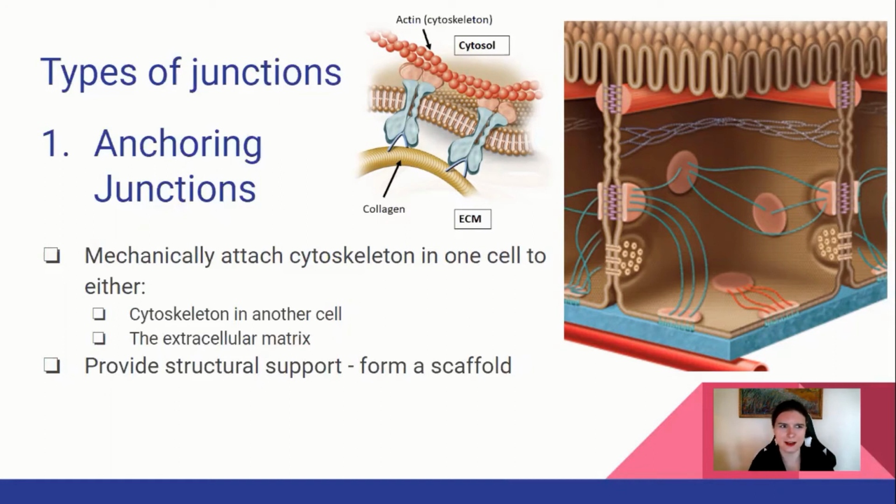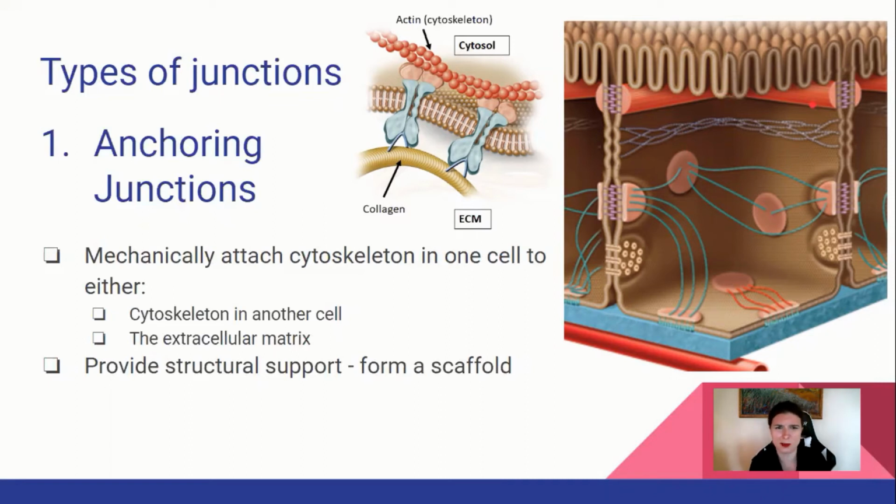So when we're identifying an anchoring junction, we want to identify pieces of the cytoskeleton. So in this particular picture, I'm just going to tell you, here in green, we have a component of the cytoskeleton. Here in red is another part of the cytoskeleton, and this fiber up here is our third part of the cytoskeleton.